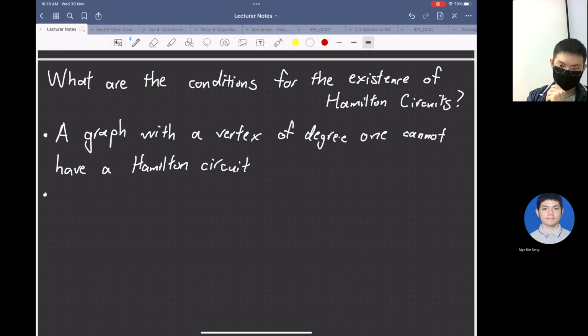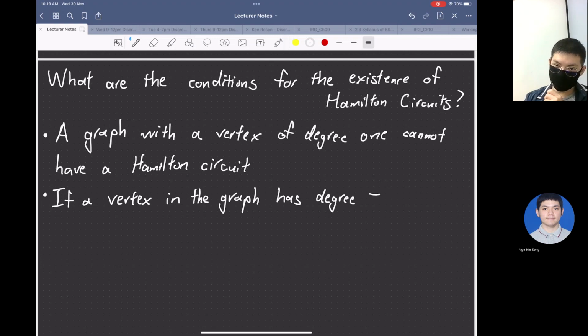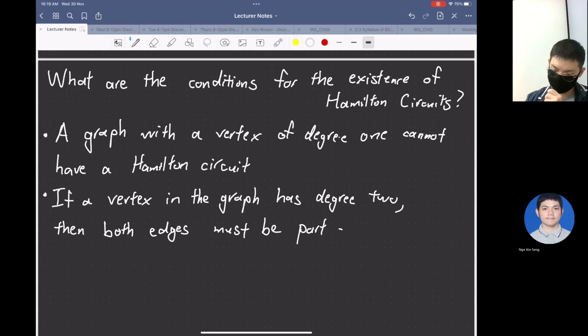Okay. So the next one is, if a vertex in the graph has degree 2, then both edges have to be part of any Hamilton circuit.